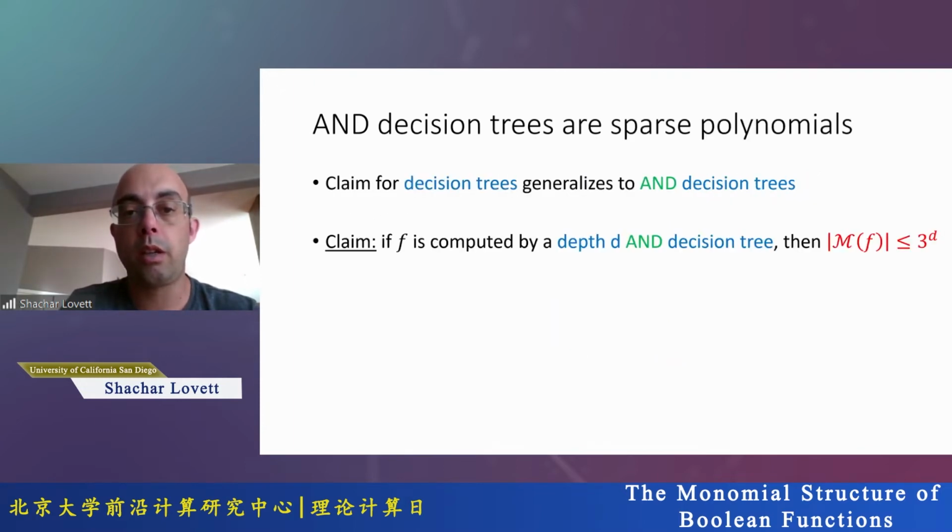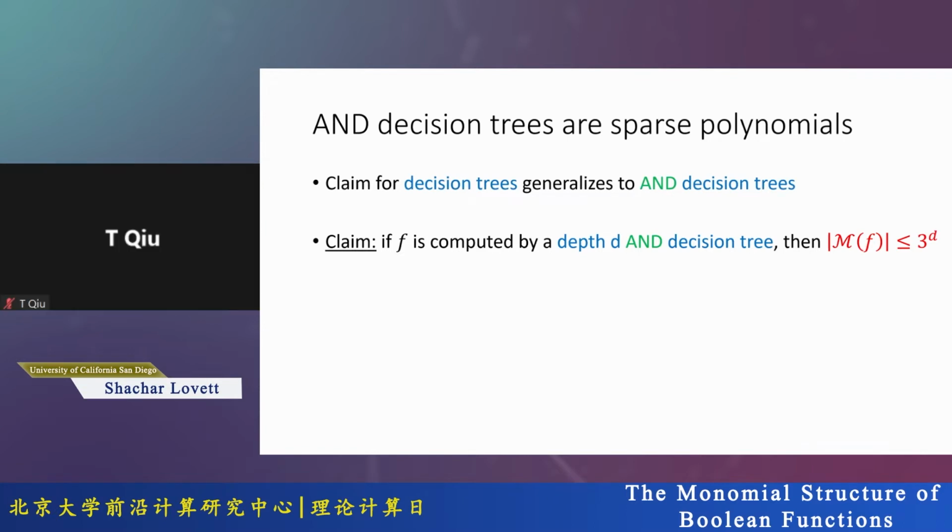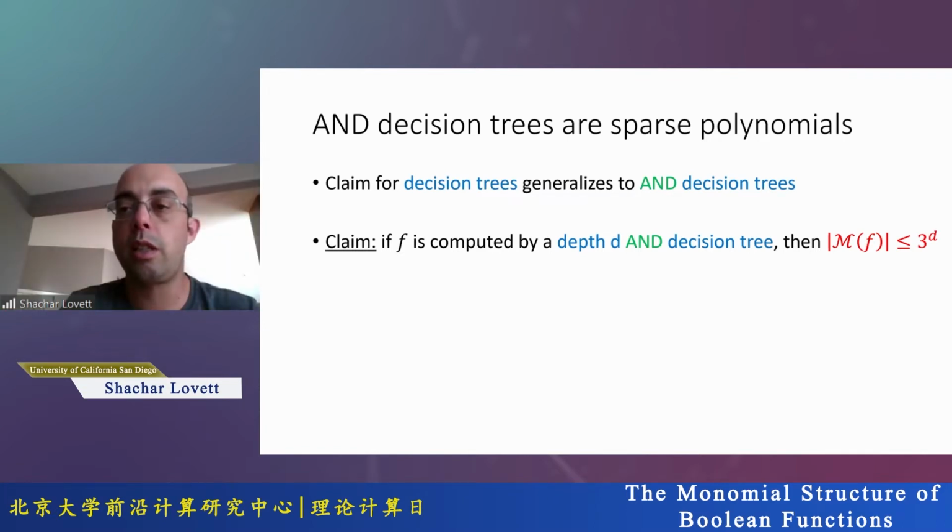Okay, so going back here, I'm claiming that the same claim I showed you like 2 minutes ago, that a depth d decision tree has at most 3 to the d monomials, generalizes in an automatic way for AND decision trees, because replacing variables with ANDs doesn't increase the sparsity, the number of monomials of a polynomial. And the proof is the same.